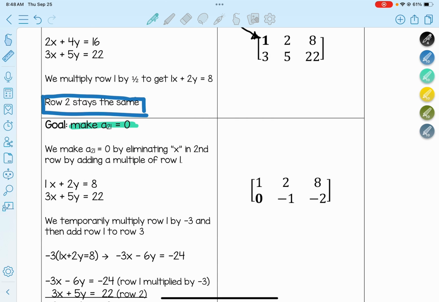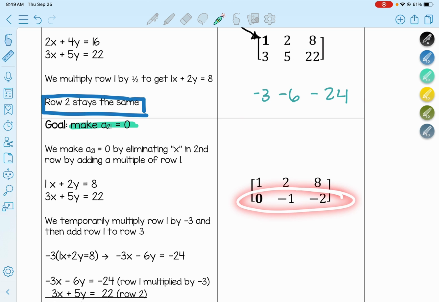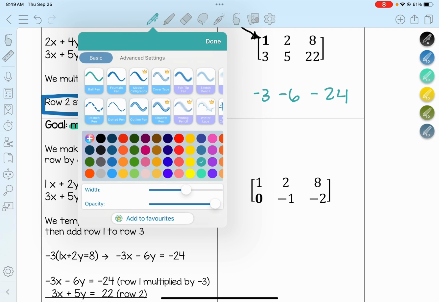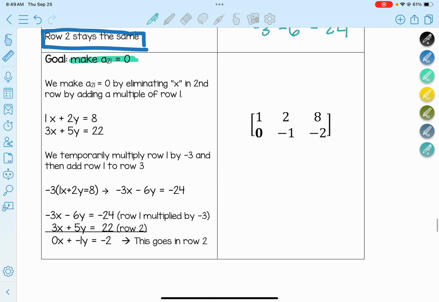So I'm going to write this on the side over here: if I take this top row and multiply it, I then get negative 3, negative 6, and negative 24. When I do that, I then add these 2 rows together. When I add those 2 rows together, that's how they got the new resulting row on this bottom of 0, negative 1, and negative 2.